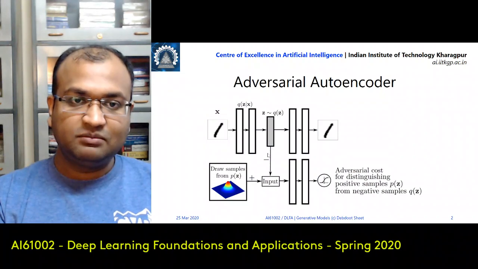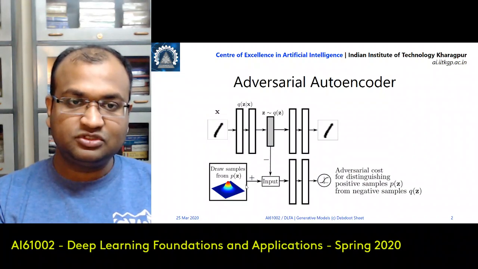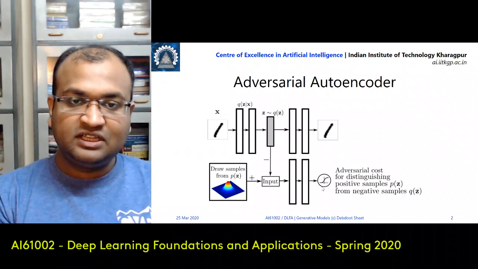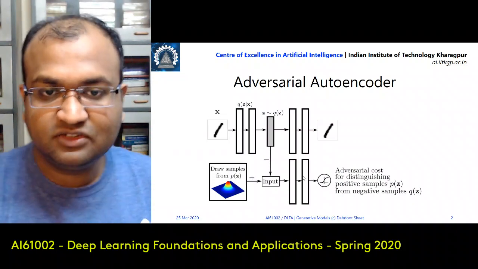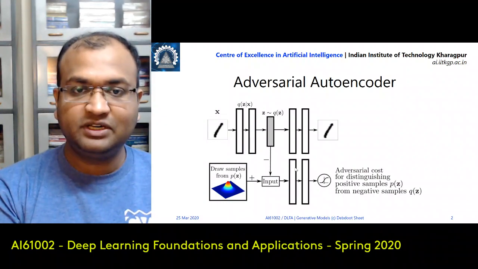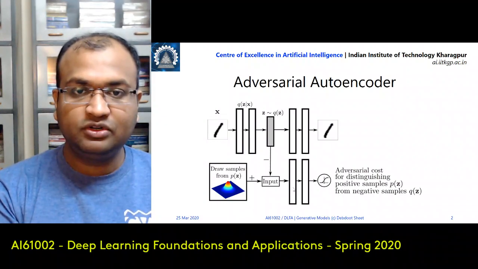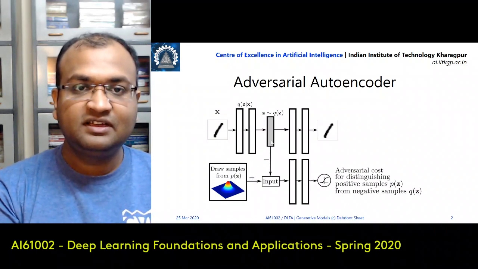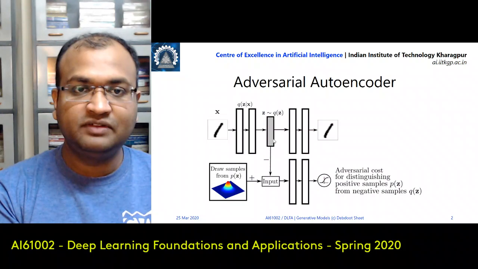If these two numbers are coming from two well-known distributions which are very far apart, there is no confusion, and the accuracy or performance over here is going to be 100%. So the loss for this discriminator becomes 0. But I don't want to make the loss for this discriminator 0, because if that happens, then these two are not very close.